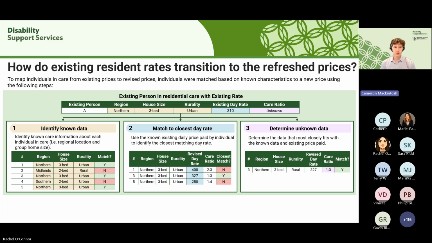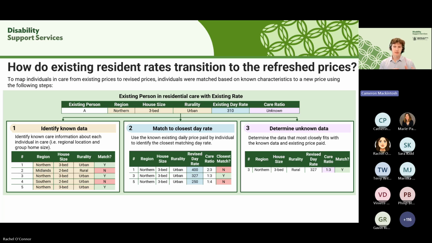This included things like the region, the house size, whether it was a rural or urban location. We then looked at the existing day rate that people were provided, noting that this includes all those things that Trish mentioned before, like your pay equity, sleepovers, all that information.